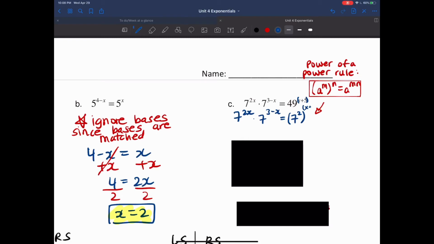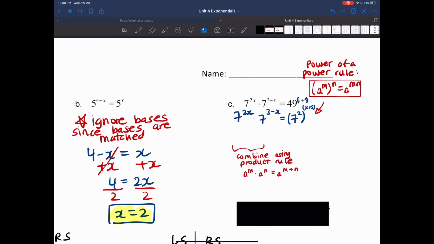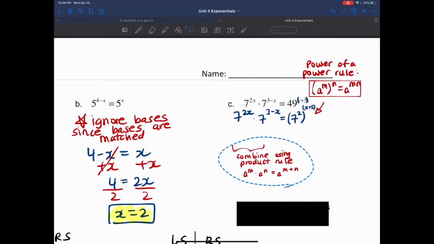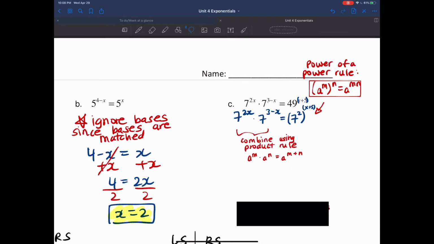Well, 7 to the exponent 2 has an exponent of x plus 5. I just rewrote 49 as 7 to the exponent 2. So therefore, what I'm doing is making a place where all of my bases are made out of the base 7.